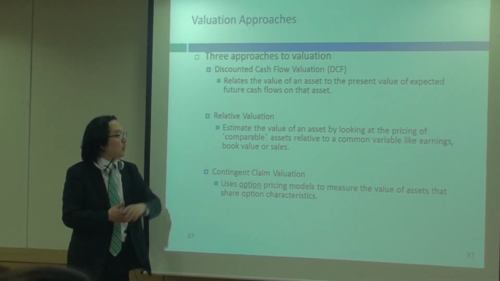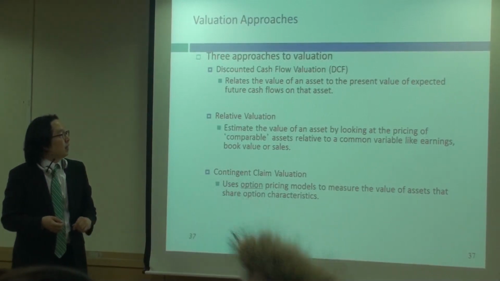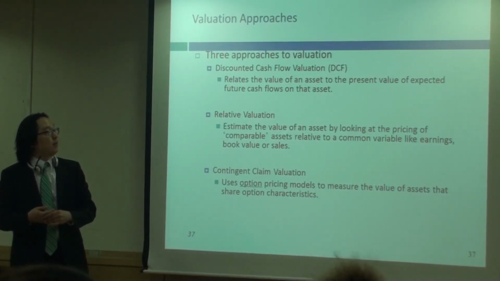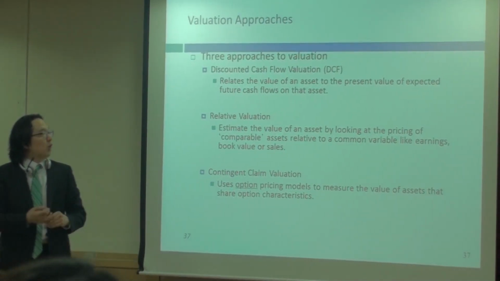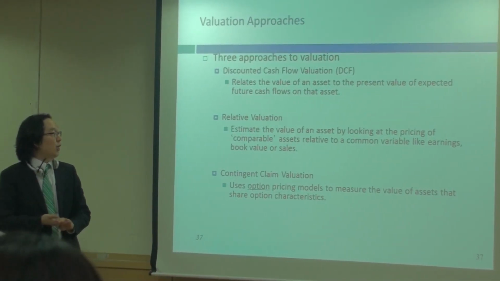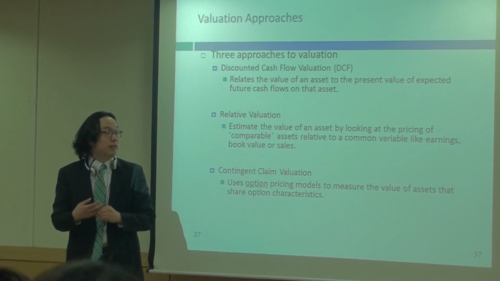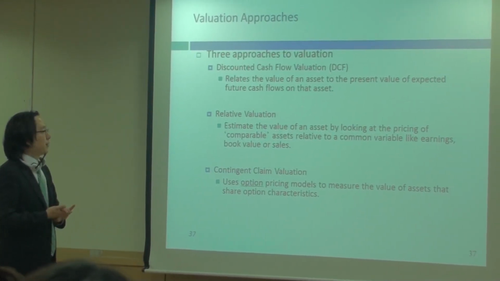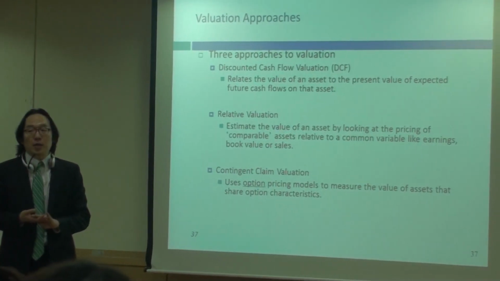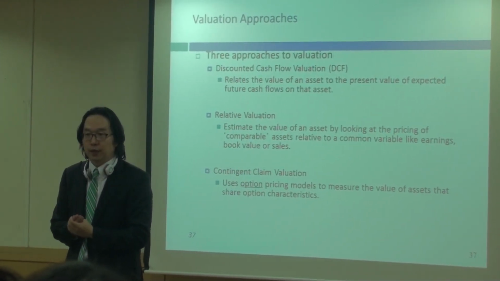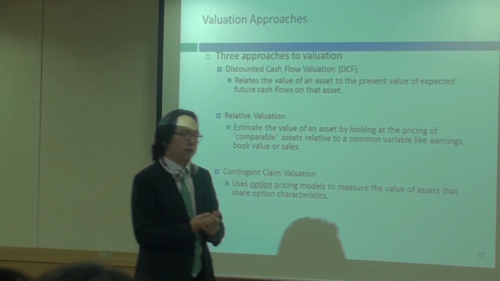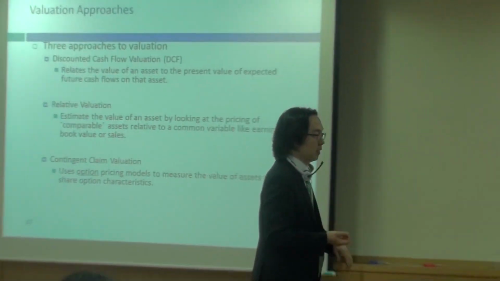Relative valuation is estimating the value of an asset by looking at the pricing of comparable assets relative to a common variable like earnings or book value. Third one, contingent claim valuation, is applying option valuation technique, option pricing technique, call option, put option kind of things.